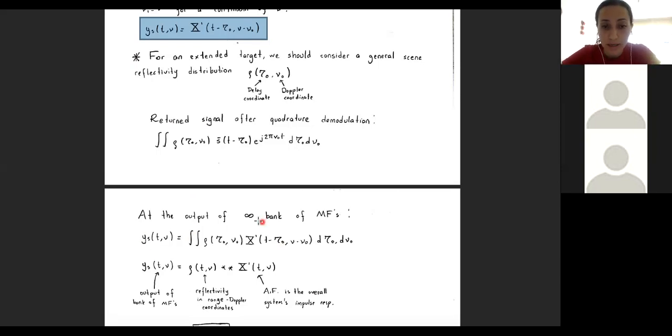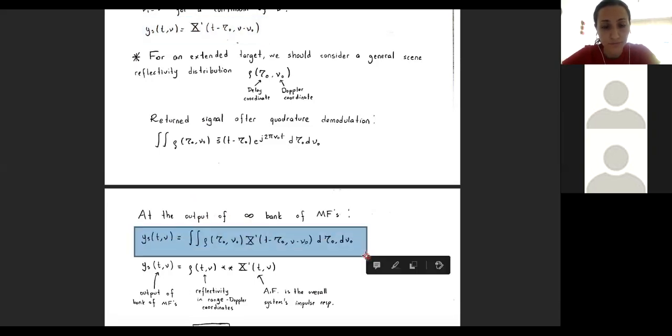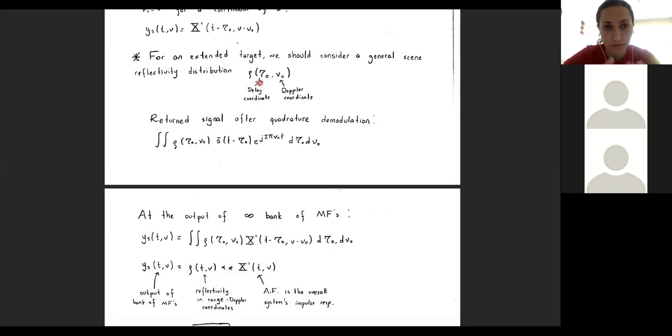So at the output of the infinite bank of matched filters, we're going to basically see this function, as a function that can cause different reflectivity and different delay and Doppler shifts. So it can cause multiple delays and multiple Doppler shifts.